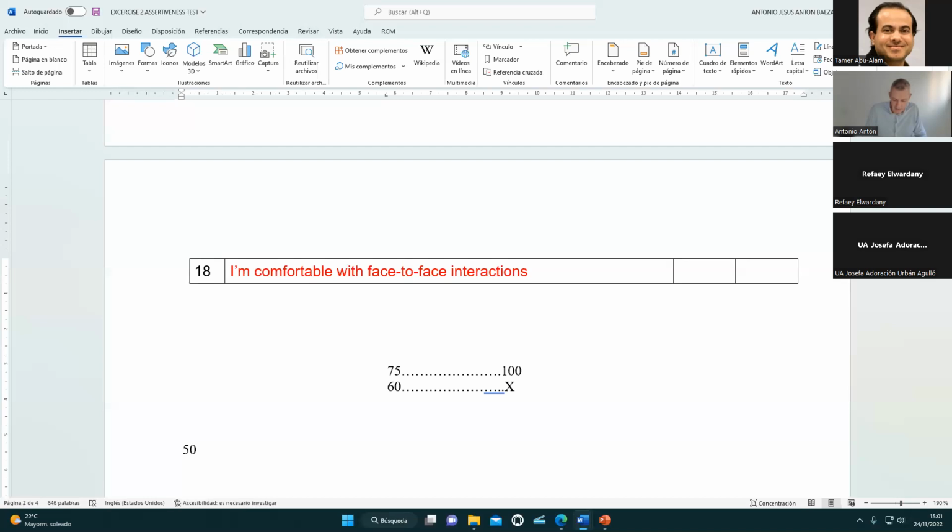So the first level might be related to more than 50.